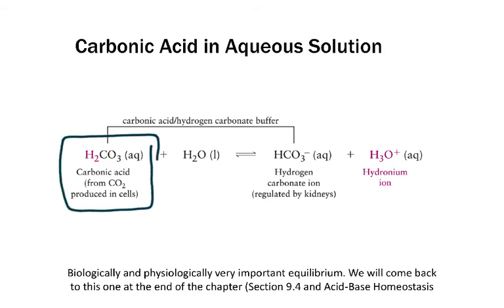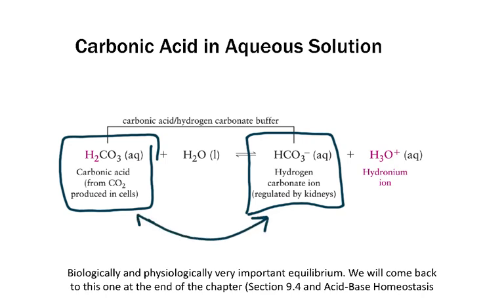It can be produced in the cells from CO2, and then bicarbonate, HCO3 minus, is regulated by the kidneys, and so this equilibrium can be maintained and controlled by the kidneys and by respiration in the cells.